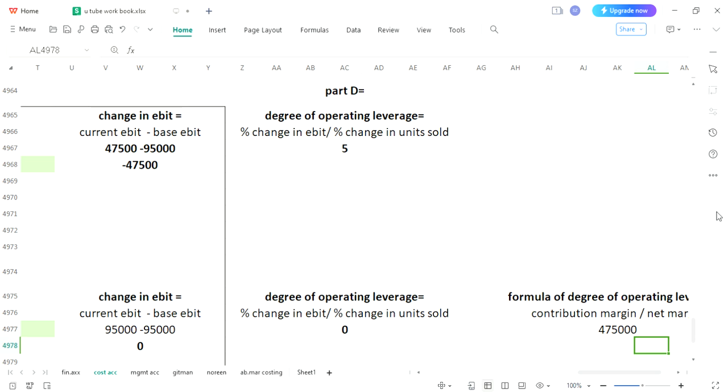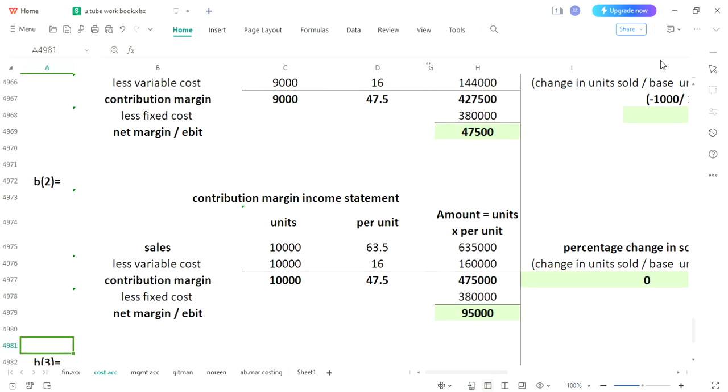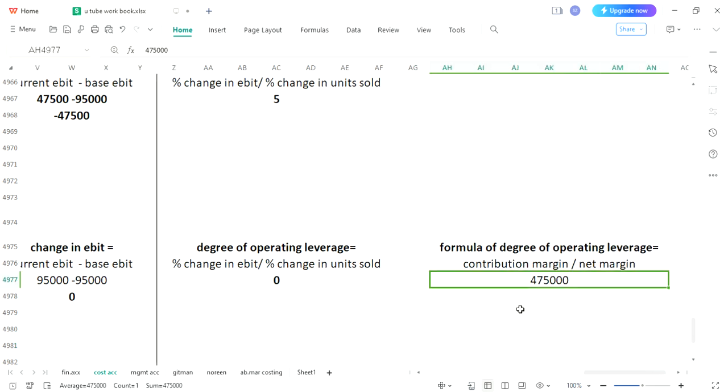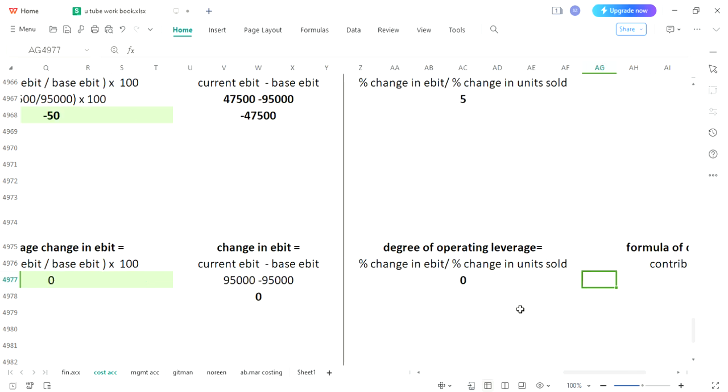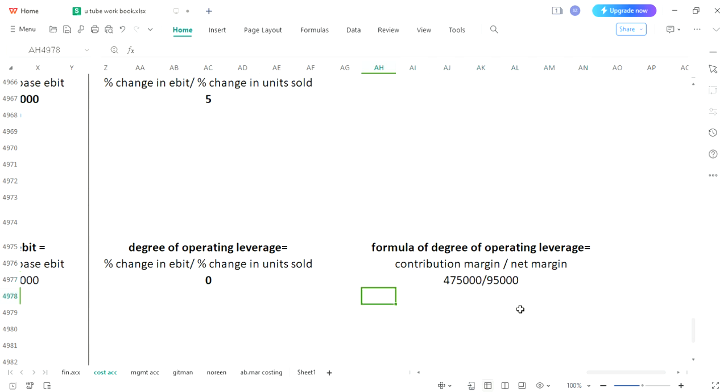It's okay. Now we need the net margin. Your net margin for B2 is 95,000. Come over here and write down 95,000. Statement is completed. You can write down the sign of division. Now put it on your calculator.